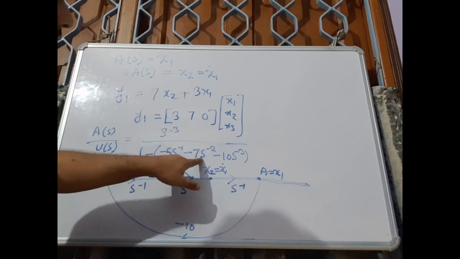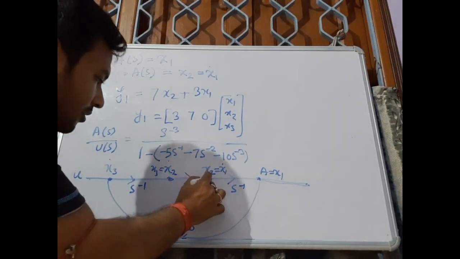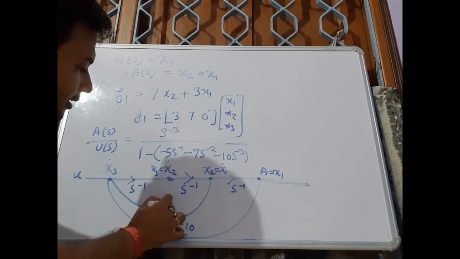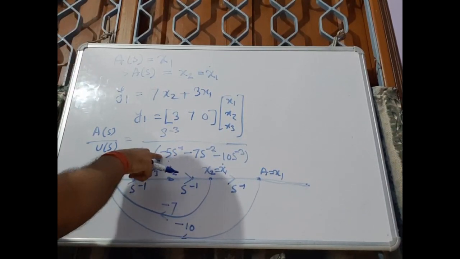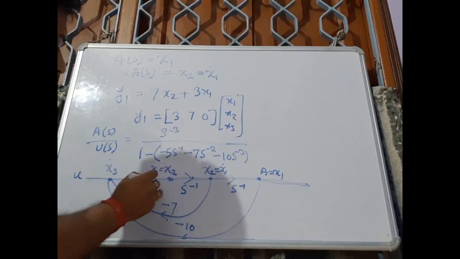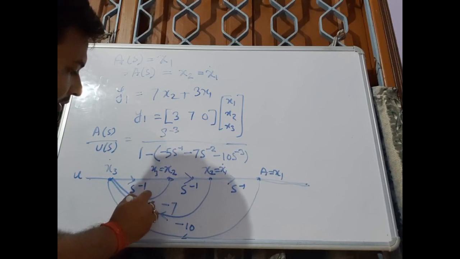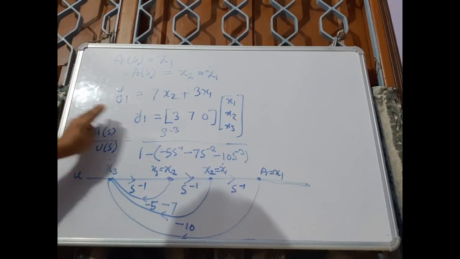The coefficient of s to the power minus 2 is minus 7, so up to this we have the gain minus 7, and for s inverse we have the coefficient minus 5, so this will be minus 5. Now this part is done.